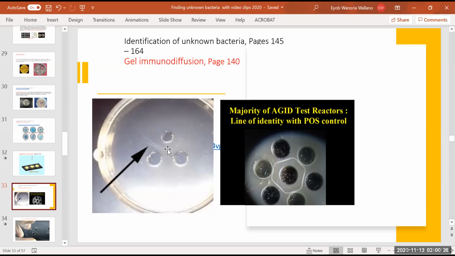Very beautiful. Isn't it interesting? So they note with this one, there is no precipitation. If this is antigen and this is antibody, this antibody is not recognizing this one. If it is an antigen also, it doesn't recognize it. Very good. For this reason, we call it gel immunodiffusion.